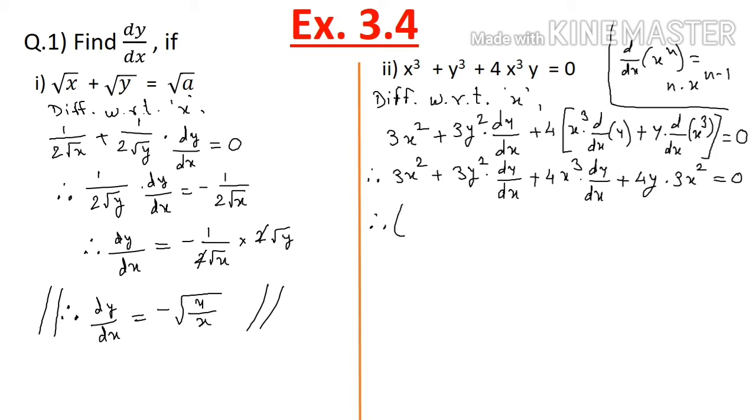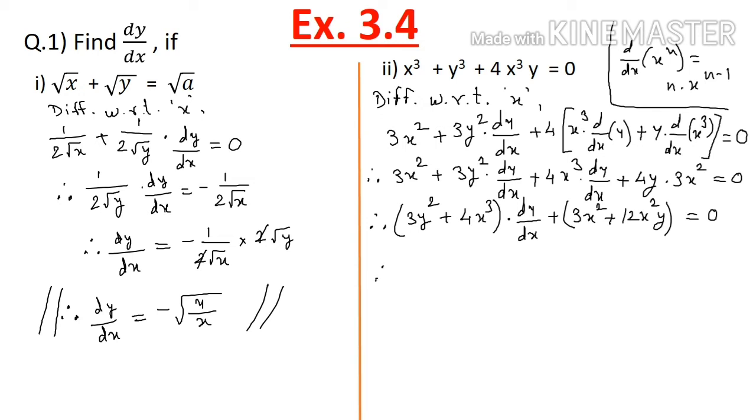So we'll get (3y² + 4x³) into dy/dx plus 3x², plus, here you will get 4 into 3, 12x²y, is equal to 0. Now we have to find dy/dx.